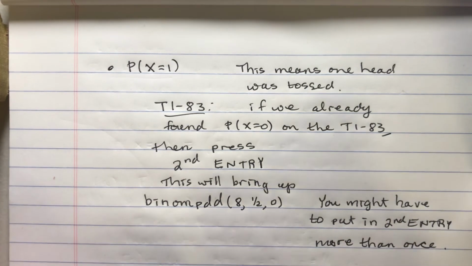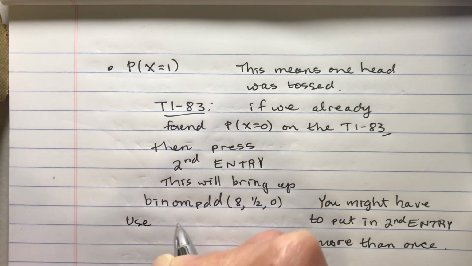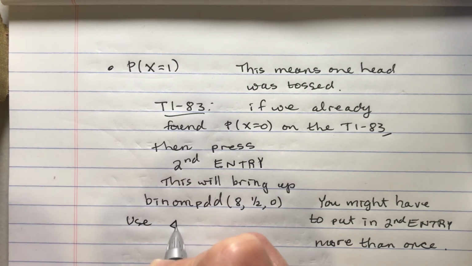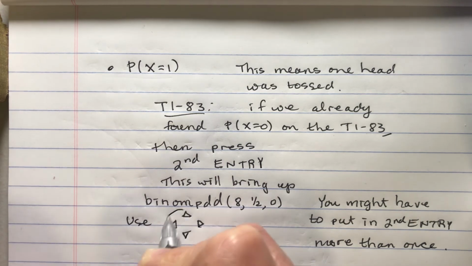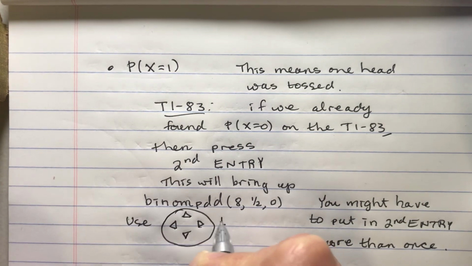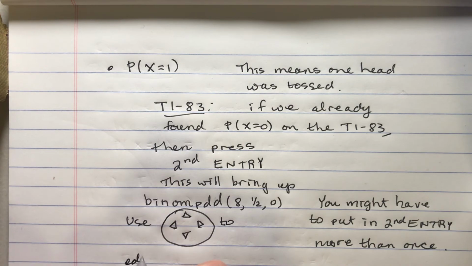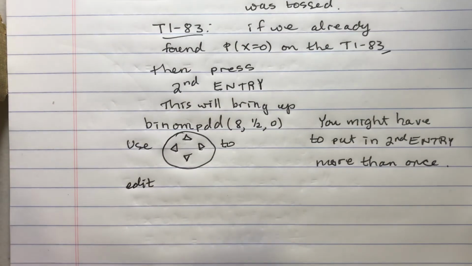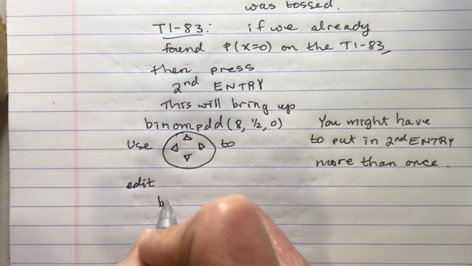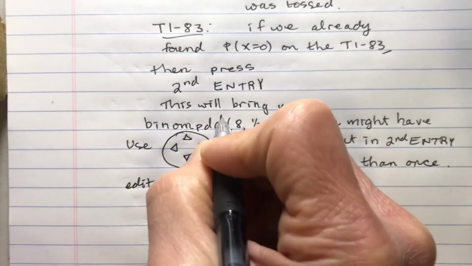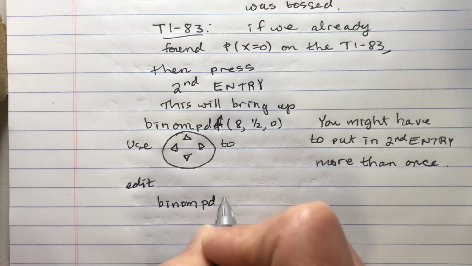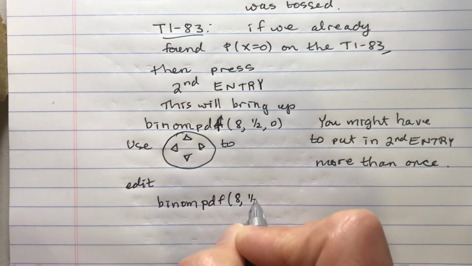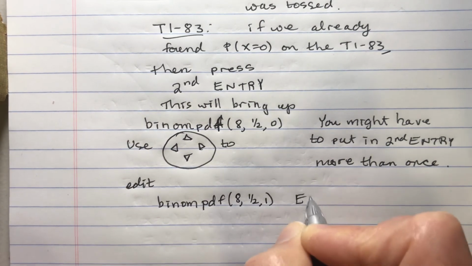Then we use those arrows to edit. And when we edit, we want binom PDF, 8, 1/2, 1, and then we press enter.